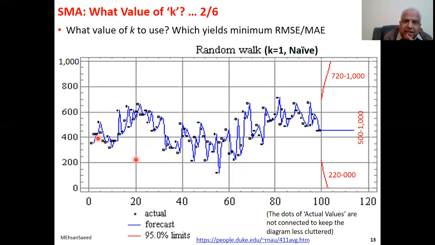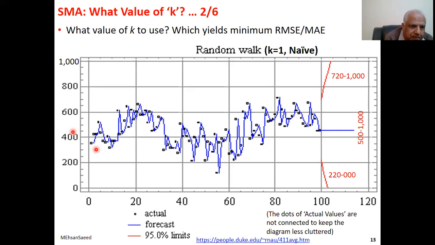We'll start with K is equal to 1, which, as I said earlier, is the same thing as naive forecast, also referred to as the random walk. If you look closely over here, because k is equal to 1, that means you are taking the previous actual value.